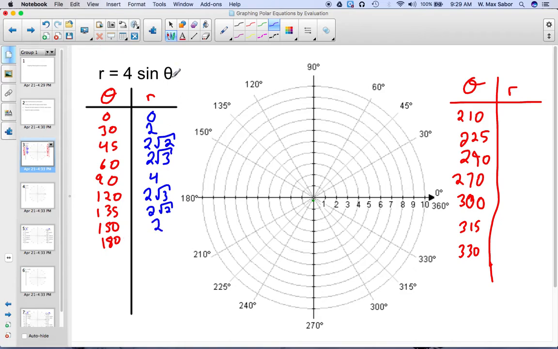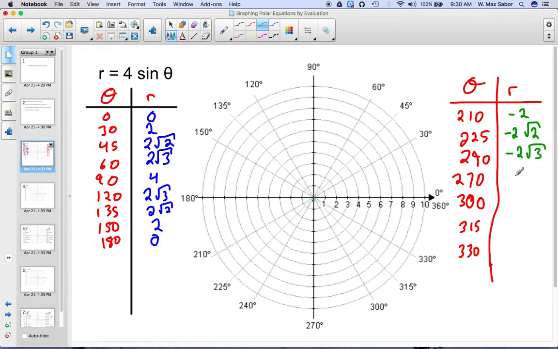And 180 going in for sine gives us 0 times 4 is 0. Now for quadrants 3 and 4, sine of 210 is negative 1/2 times 4 is negative 2. Sine of 225 is negative root 2 over 2, so negative 2 root 2. Sine of 240 is negative root 3 over 2, so negative 2 root 3.